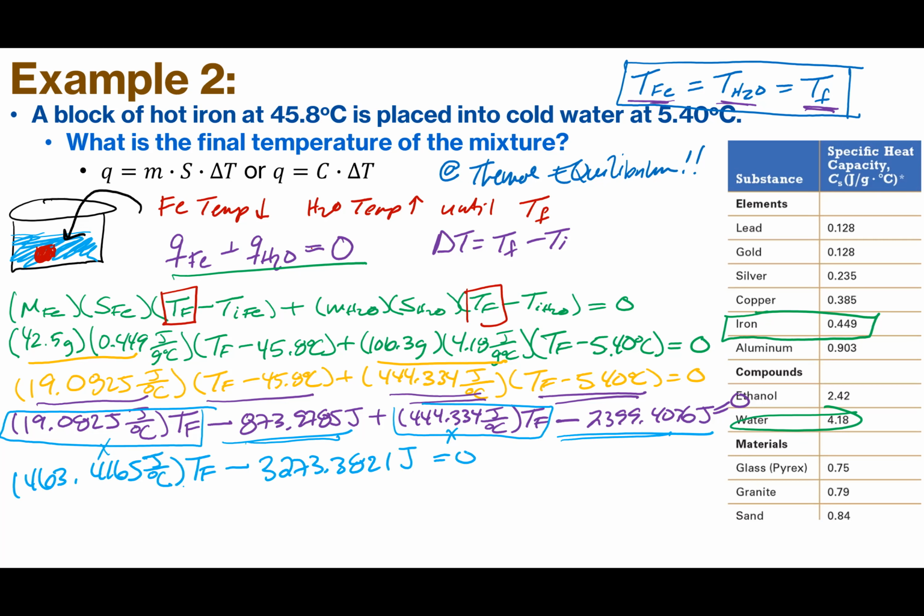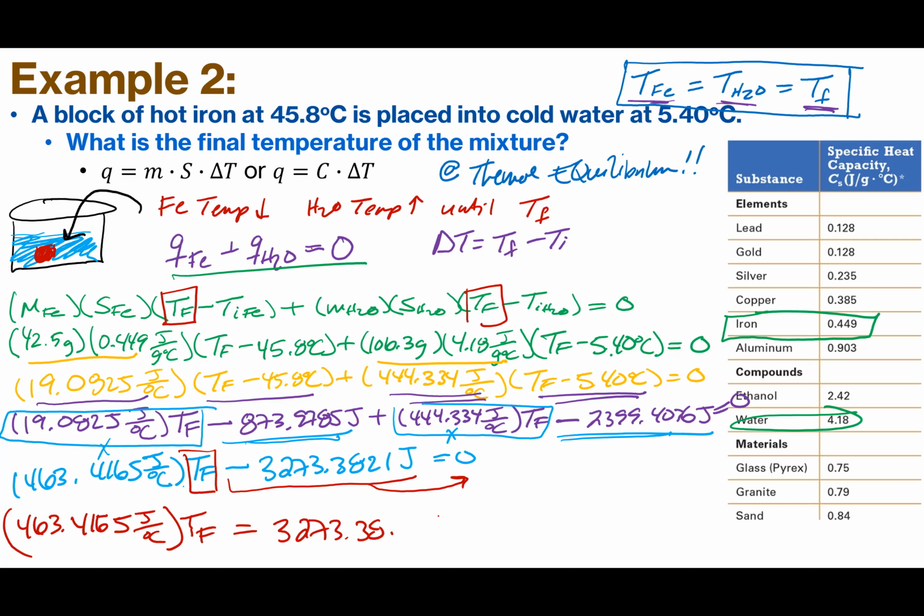Then we're going to move the one that doesn't have the variable with it. Remember, we're solving for T final. So we're going to move the other guy to the other side. This is coming over there, which means we're going to flip the sign for it. 463.4165 joules over Celsius times our final temperature equals 3273.3821 joules.